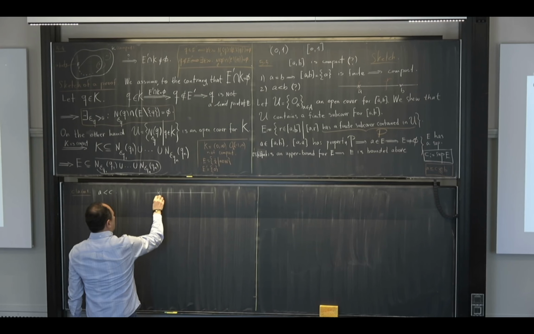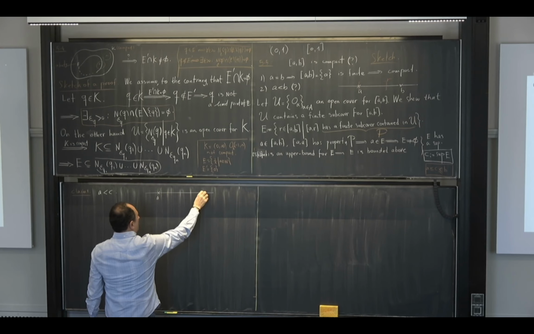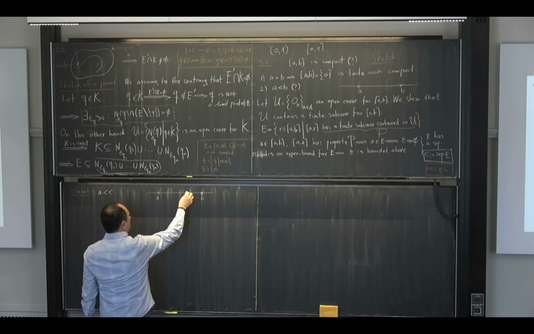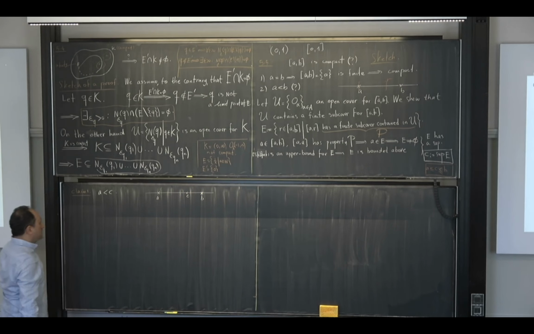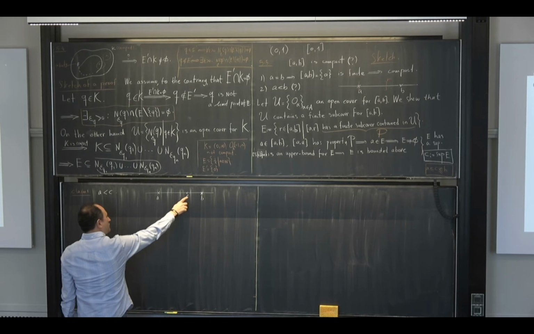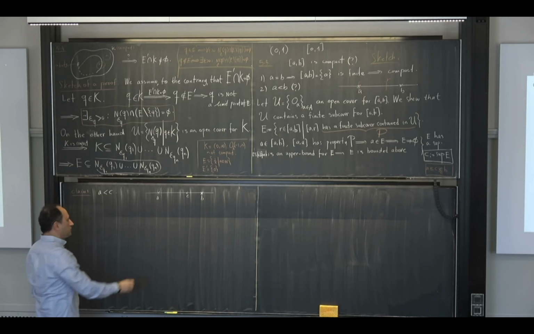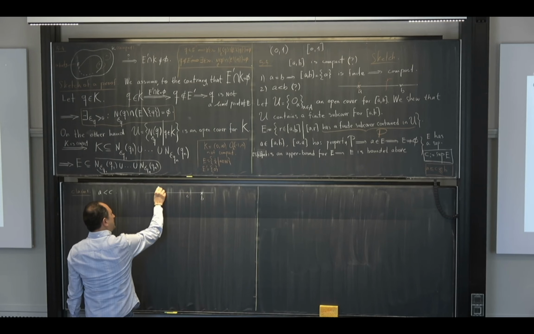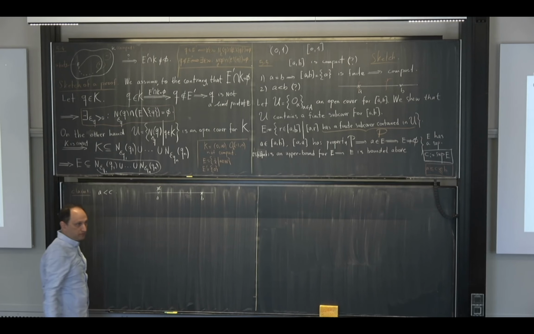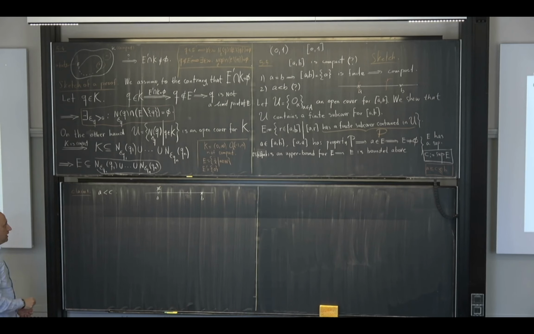Here is A, and here is B. I know C is somewhere here, for example. But I want to show that C cannot be exactly on top of A. C should be after A.